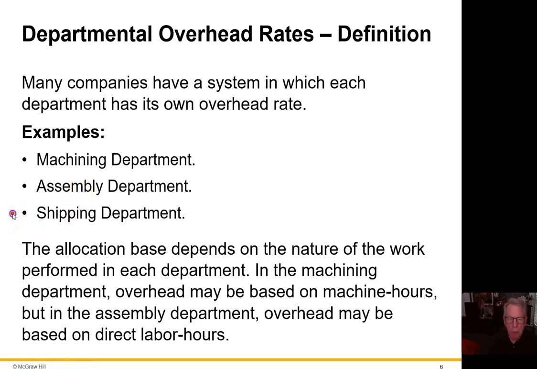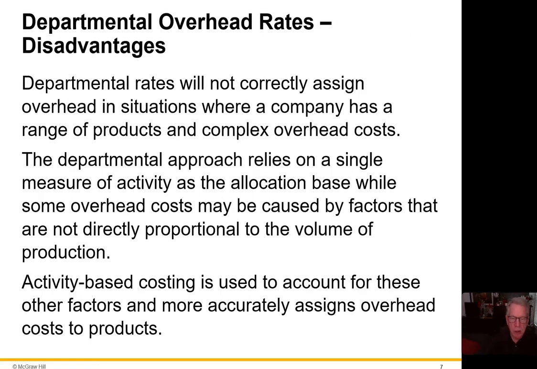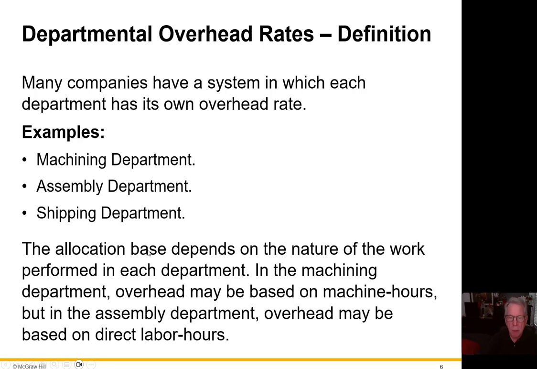And in the shipping department, we may base that on other measurements. So the allocation base is going to depend on the nature of work performed in each department. In the machining department, overhead may be based on machine hours, but in the assembly department, overhead may be based on direct labor hours, as I mentioned.